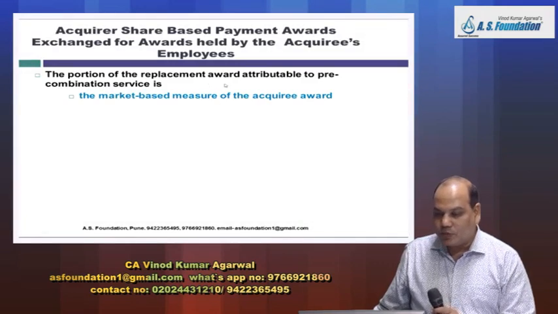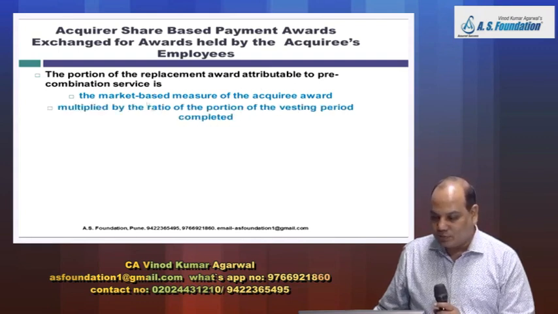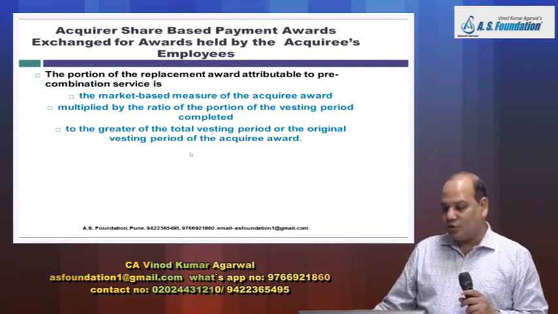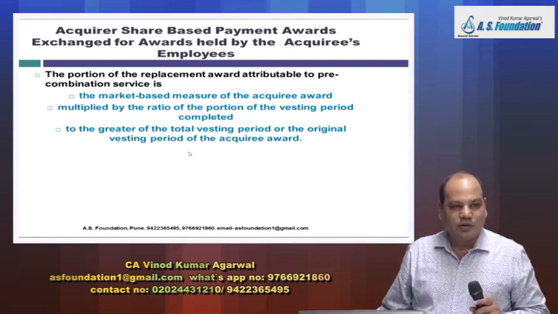The portion of replacement award attributable to pre-combination service is the market-based measure of the acquiree award multiplied by the ratio of the proportion of vesting period completed to the greater of the total vesting period or the original vesting period of the acquiree award.